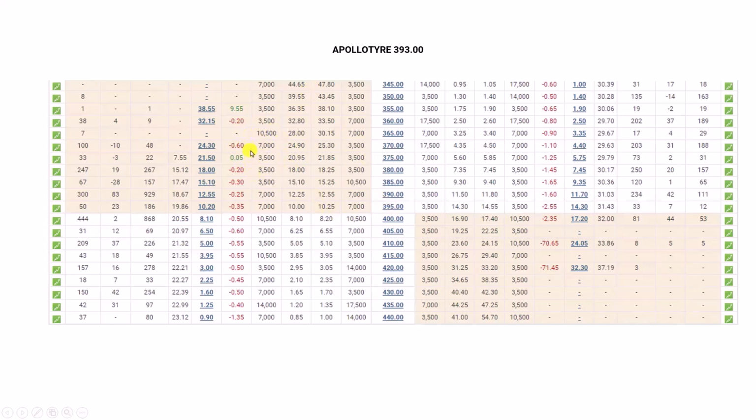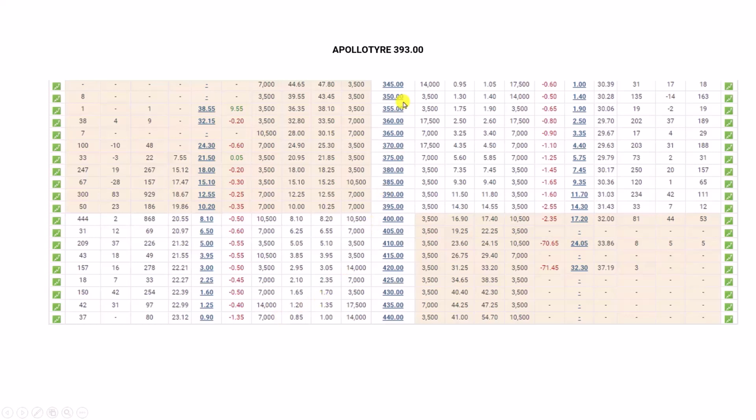Okay, this is for call option, this is for put option, you know this by now. Or all the strike prices below 395 are in the money. Okay, and for put option, all the strike prices above 395 are in the money. Okay, and the opposite is true for out of the money. All these are out of the money for put option, all these are out of the money for call option.